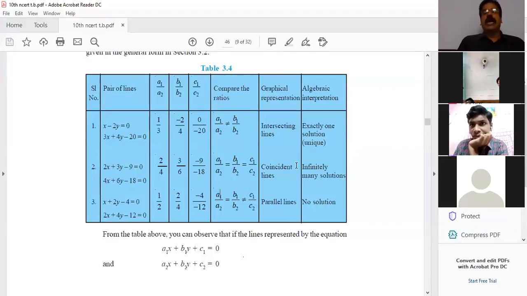Those equations are consistent but dependent. And the third one is if a1 by a2 is equal to b1 by b2 is not equal to c1 by c2, the graphical representation is parallel lines. Algebraic interpretation is no solution. These equations are inconsistent. Inconsistent equations we no need to solve.